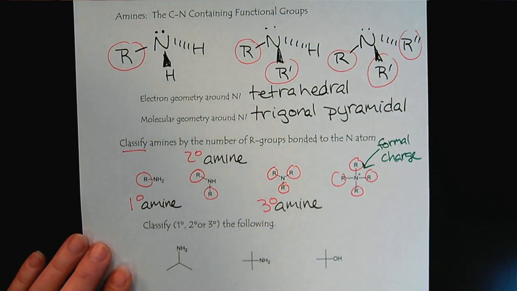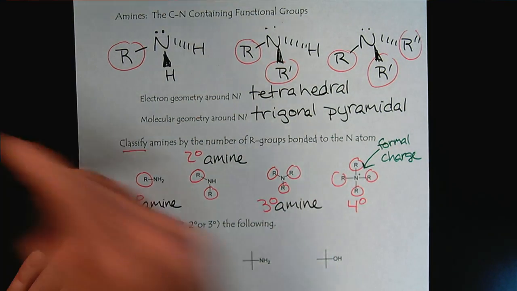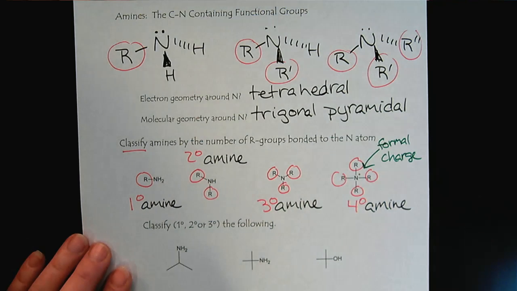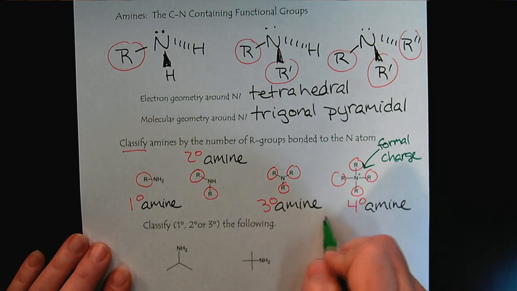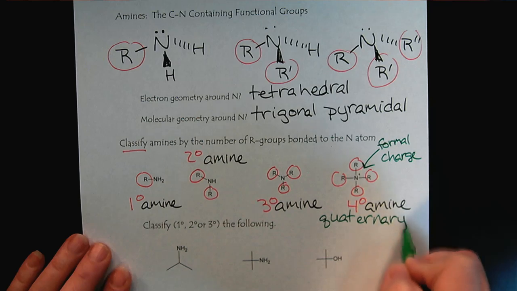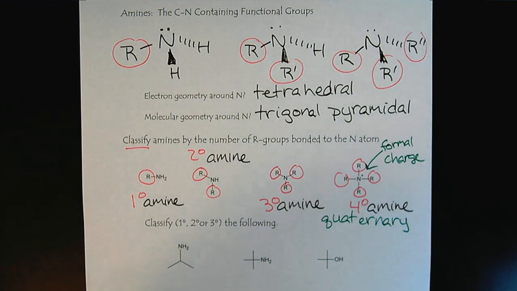And so we would describe this as a quaternary amine, for 4. We don't have that for alcohols.